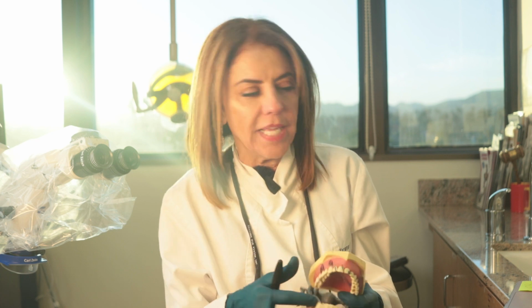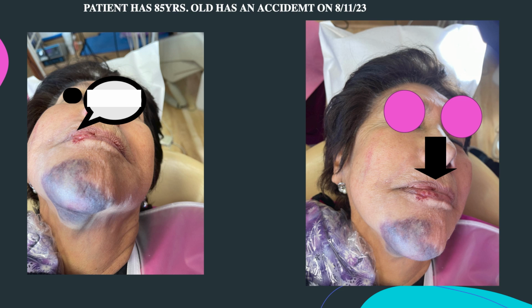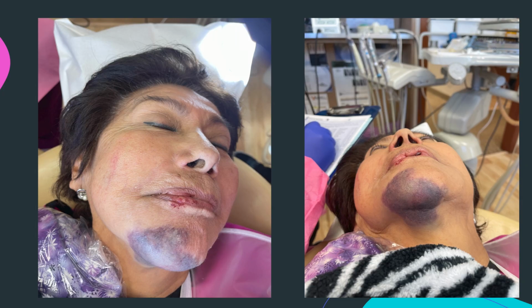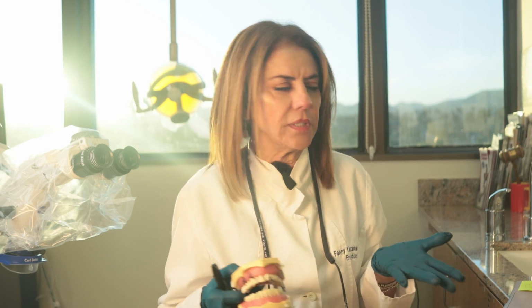She's 84, and you're going to see now the patient, when she fell, her face was completely purple, and she was devastated, of course, and didn't know what was going on. She didn't lose her common sense or anything. She continued walking. However, she was devastated because she opened her lip.